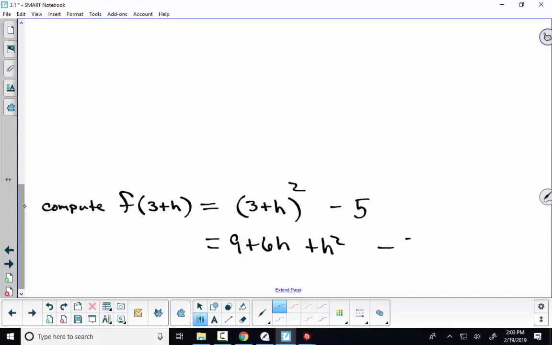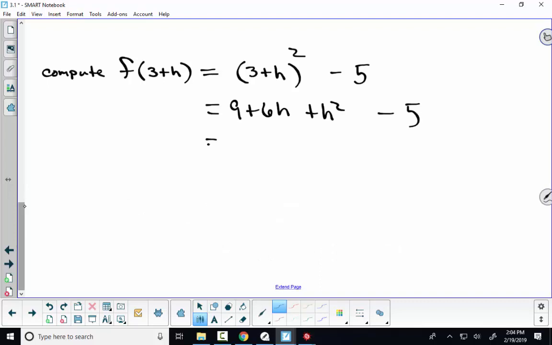And then don't forget the minus 5. Combining like terms, rewriting, I guess, h squared plus 6h plus 4.